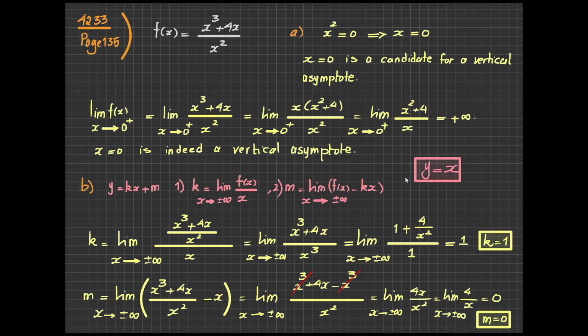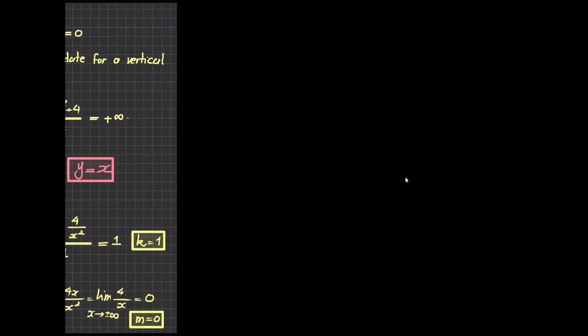Part C of the problem is asking you to determine all extreme points of this function. So if I want to solve part C as well, this was my function, f of x is equal to x to the power of 3 plus 4x over x squared.